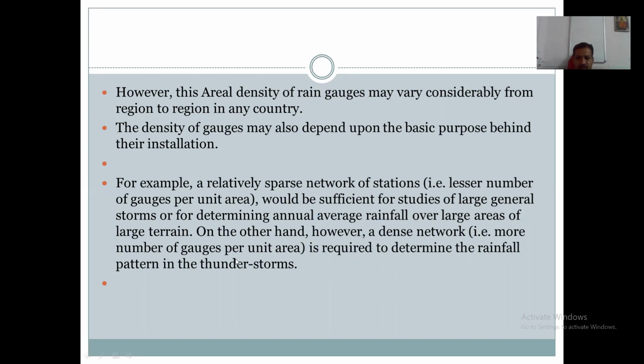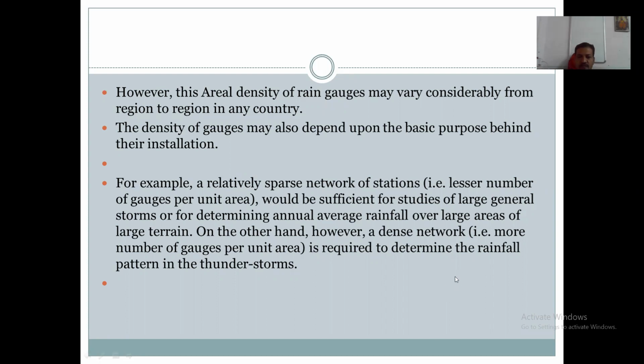For a dense network, more rain gauges per unit area are required for determining the rainfall pattern in a thunderstorm. In a thunderstorm, it is required to determine the rainfall pattern. In that case, the number of gauges per unit area will be more, and you have to design a dense network.